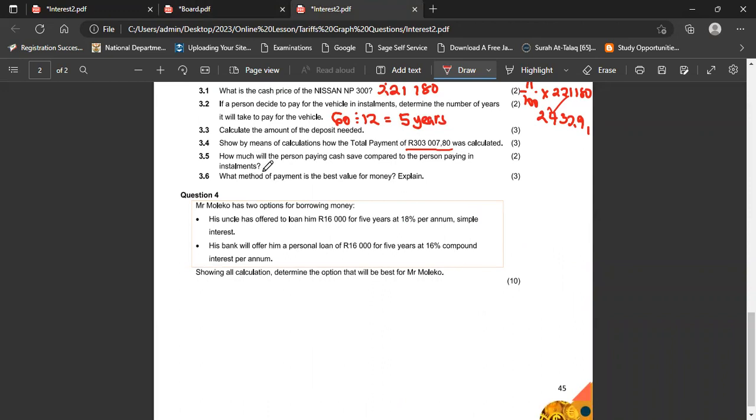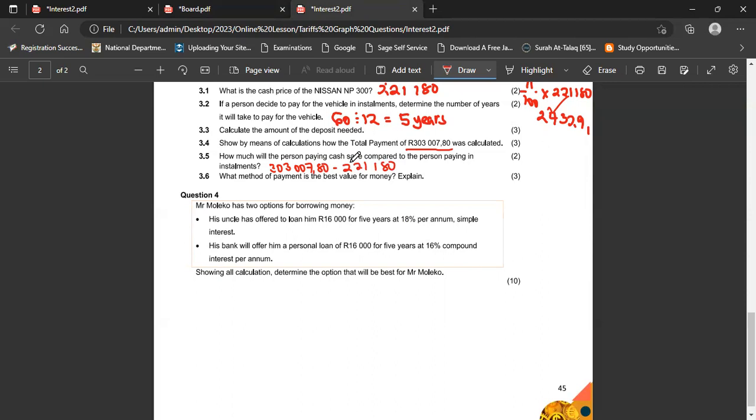How much will the person paying cash save compared to the person paying in installments? So simple. Get the money the person paying in installment would have paid at the end of the 5 years minus the cash money, which is 221,180.